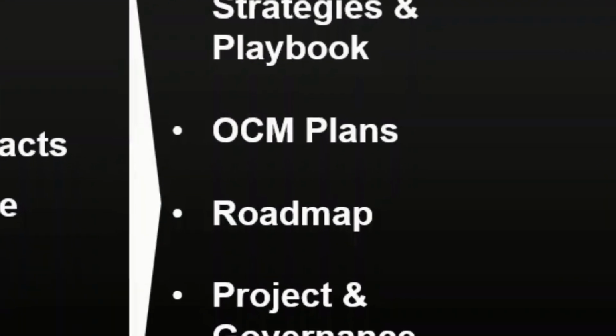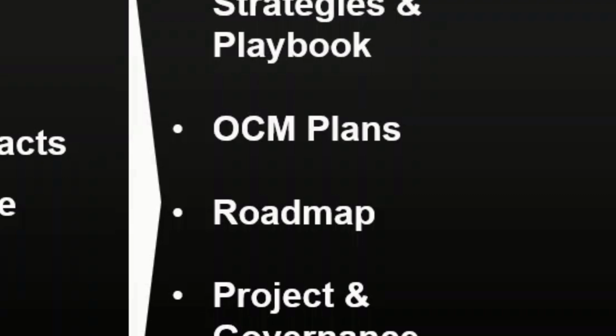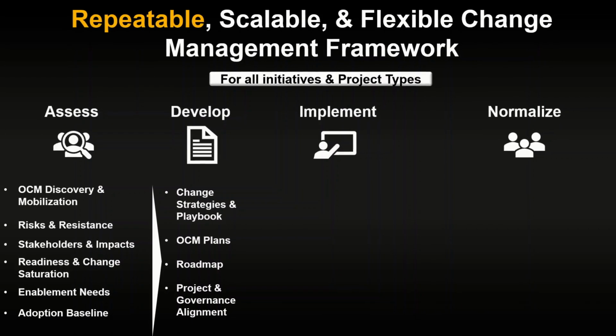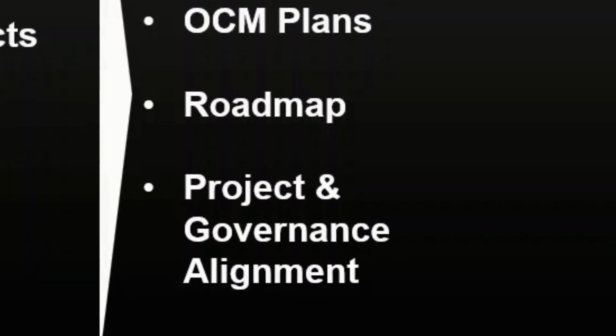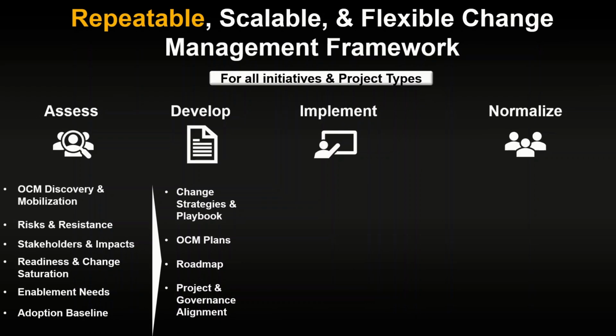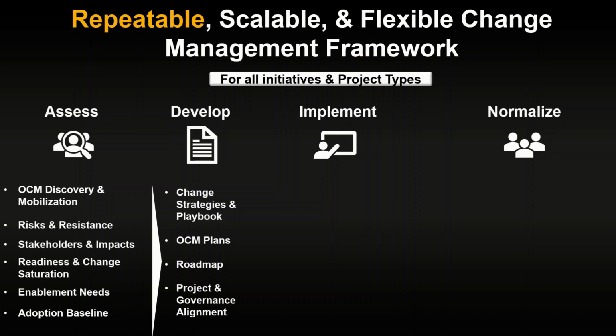You will also want to put together a change management roadmap that allows you to align change management activities with project milestones and timing. And as part of the develop phase, you will want to ensure that you are achieving project and governance alignment, which involves integrating organizational change management into delivery and governance processes.